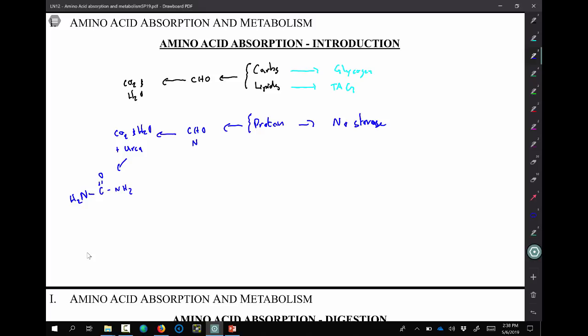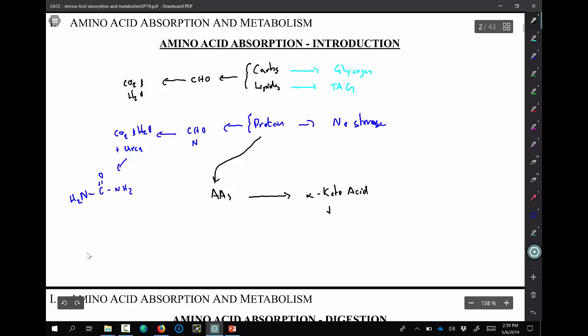Now generally speaking, we're going to be looking at how proteins will be broken down into amino acids. These amino acids can be broken down into alpha keto acids. Alpha keto acids, to remind you, I've mentioned this before, but I'm going to mention it again.